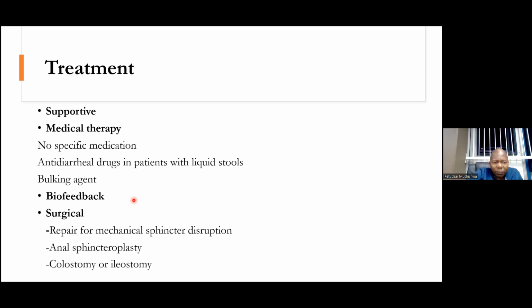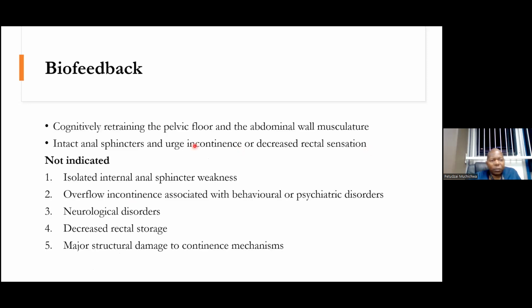And patients may resort to a colostomy or an ileostomy to divert stools, because there you have more control of what's going on compared to passing stools uncontrollably. We can have a look at biofeedback. Here, we're trying to cognitively retrain the pelvic floor muscles and the abdominal wall muscles so that there is coordination.